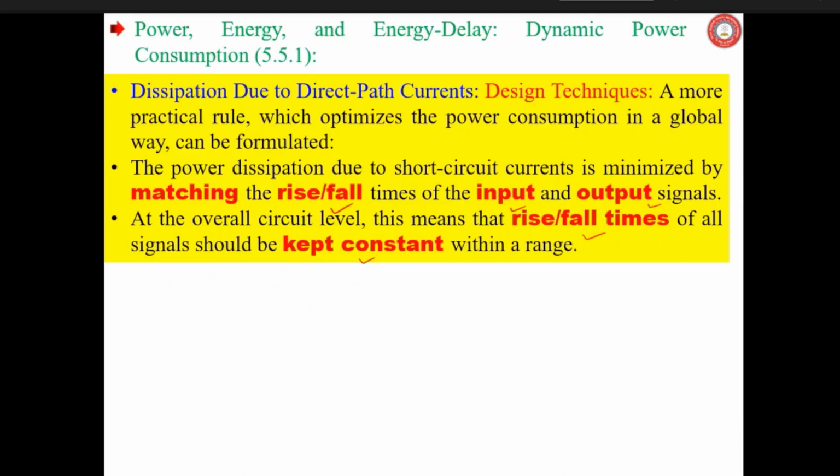So the power dissipation due to the short circuit currents is minimized by matching the rise and fall time of the input and output signals at the overall circuit level. This means that rise and fall times of all the signals should be kept constant. And for that, how should the inverter be designed?